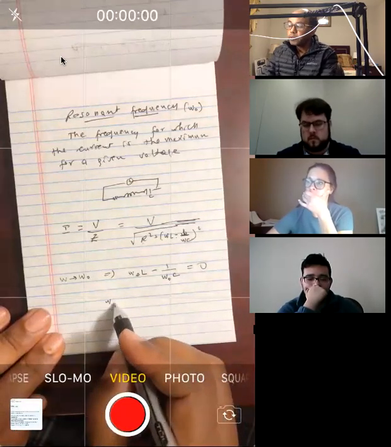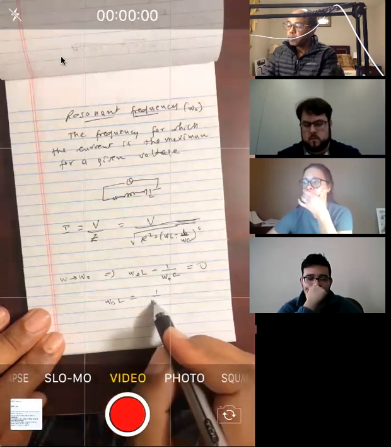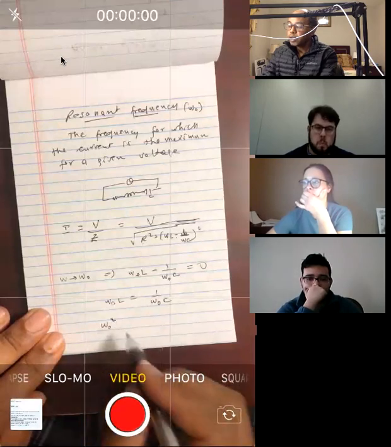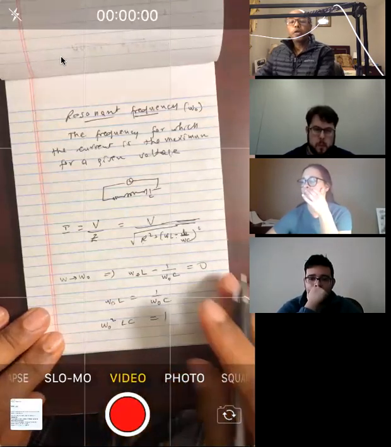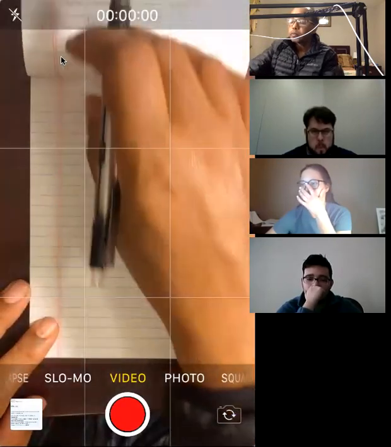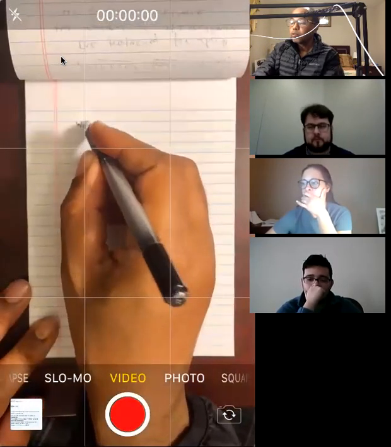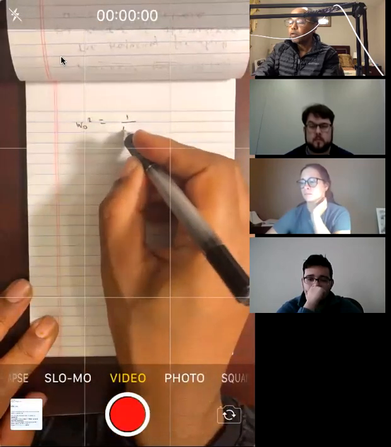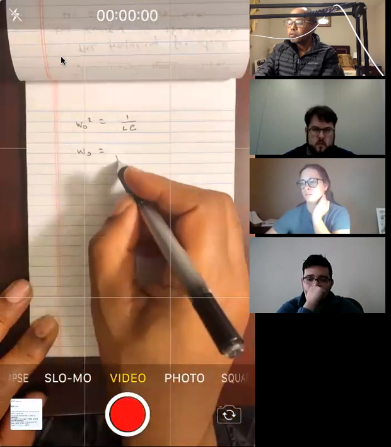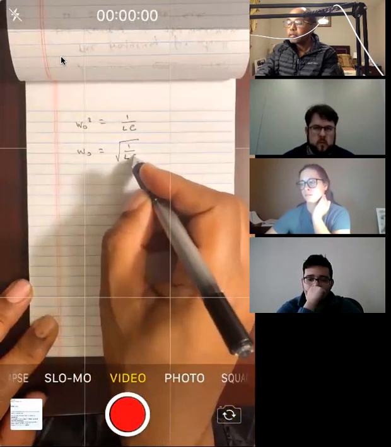We have omega naught L equals 1 over omega naught C, and then we cross multiply: omega naught squared LC equals 1, okay? So we get the following formula for omega naught. So omega naught squared is 1 over LC. The resonant frequency is simply the square root of 1 over LC, okay?